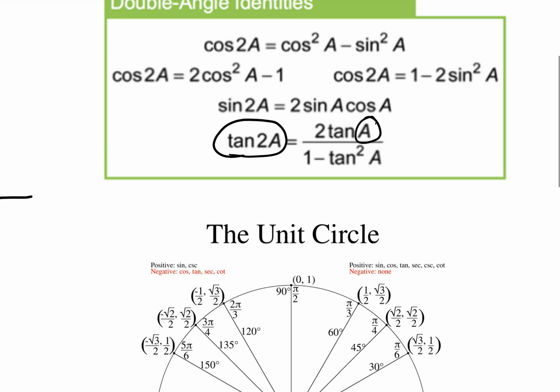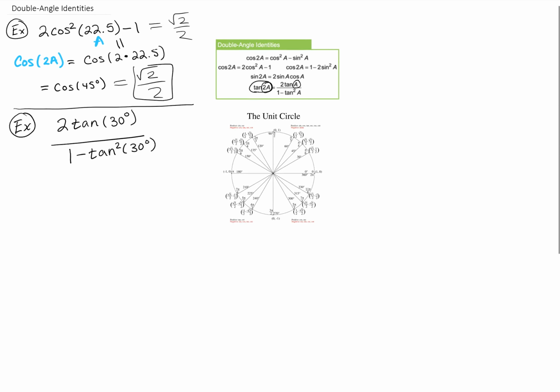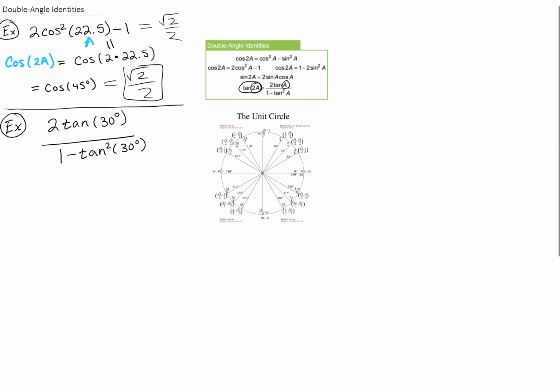So you're going to take this guy right here and double him, and then you're just going to find the tangent of that value. So let's go ahead and take a look at that. We said this is a formula for tangent of 2 times 30, which is the tangent of 60 degrees.